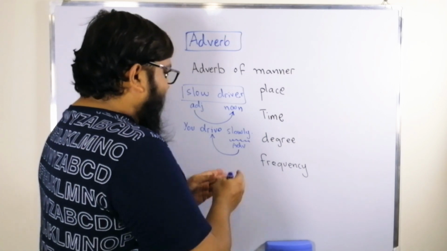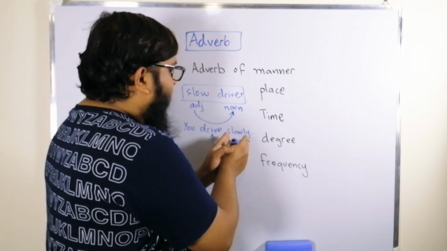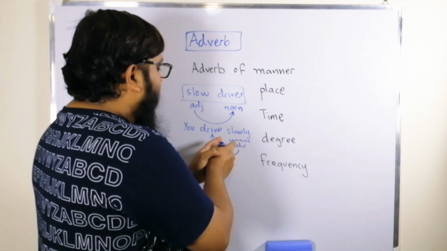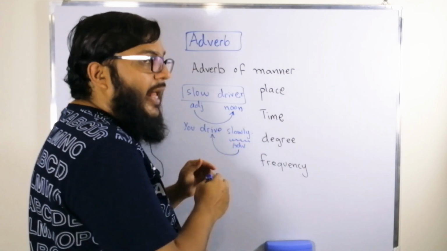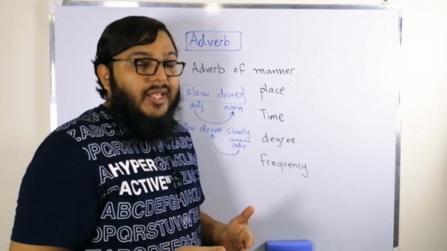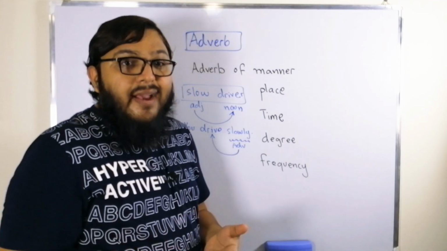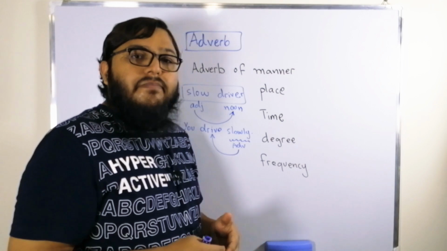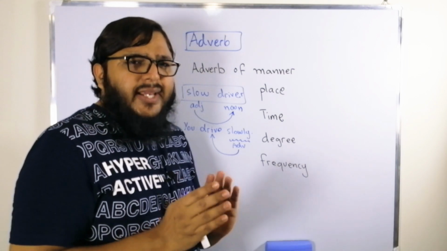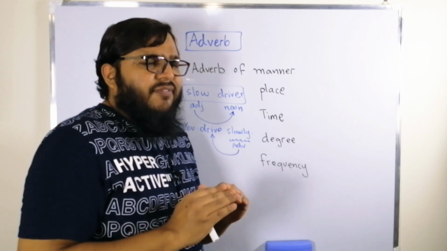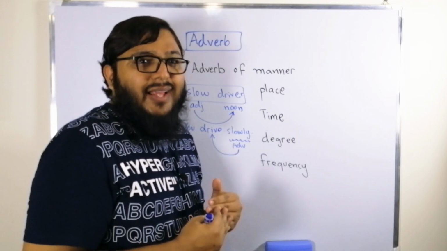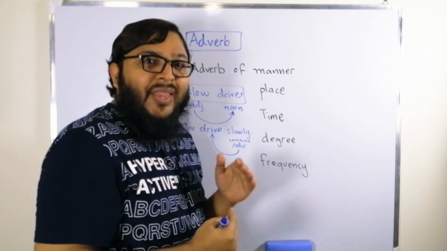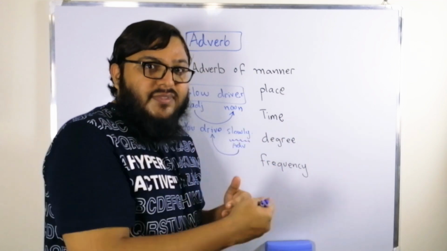So the point is, some adverbs are made up from adjectives like this: slow, slowly, loud, loudly, careful, carefully, beautiful, beautifully. So many adverbs are made up from adjectives by adding a suffix. At the end, you can just put ly and that becomes an adverb.